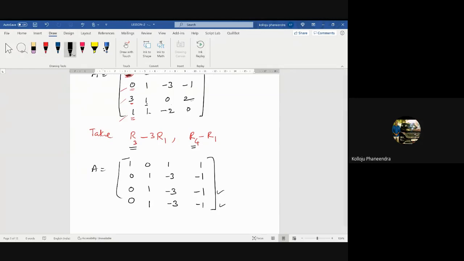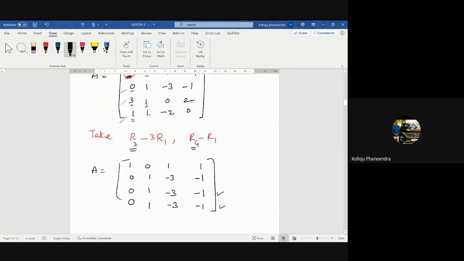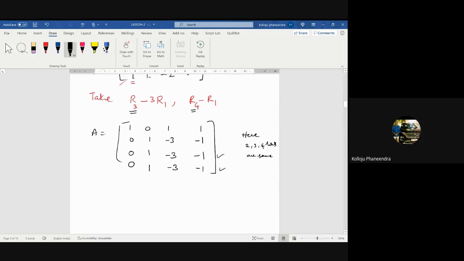Now, with this being 1, the observation is that the second, third and fourth rows are the same. When such a situation occurs, you can directly subtract. Using the second row's key value, we convert this to 0, this to 0, this to 0.